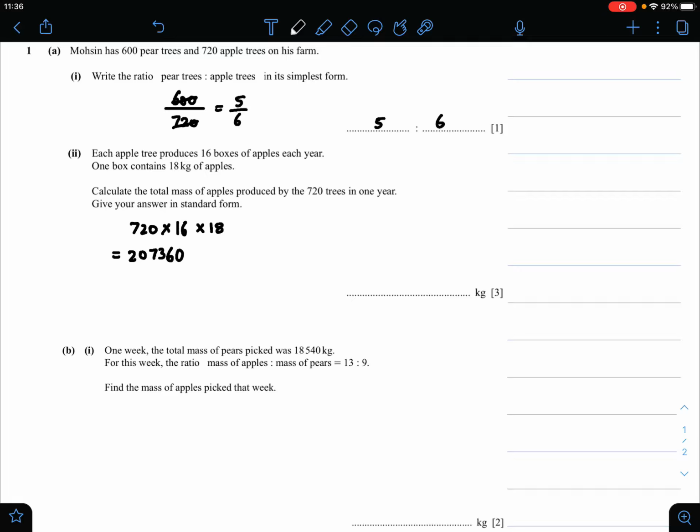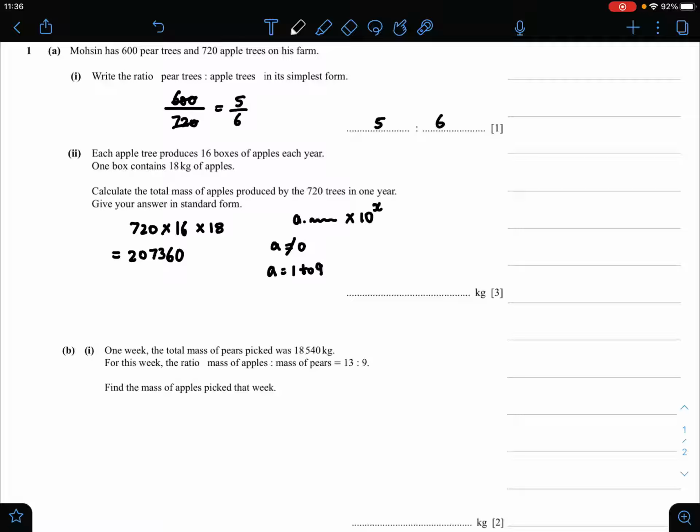Now standard form means that you have to write it in the form a point, the rest of the number, multiplied by 10 raised to x. Now a cannot be equal to 0, and a has to lie between 1 to 9.